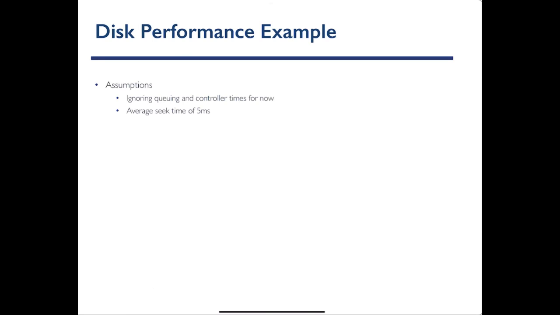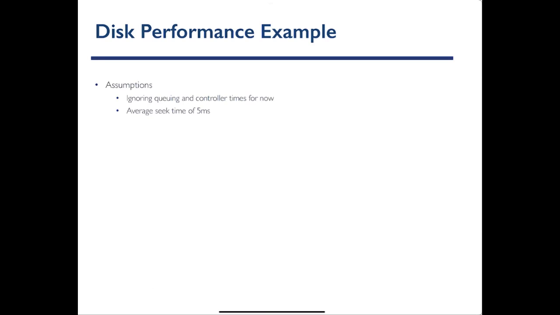Let's assume that the average seek time is 5 milliseconds. Now, why do I say average? Because obviously, if the head just wants to move to the neighboring track, that takes almost 0 time. It's very fast, just a single slight movement to another track. But if the head is in the inner circle and it wants to come to the outer circle, that would be a longer seek time.